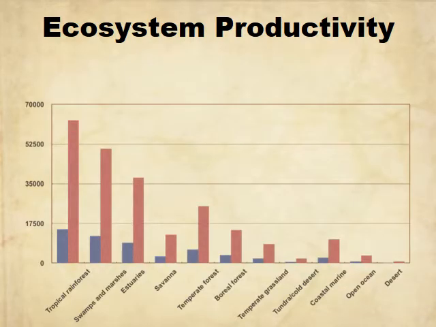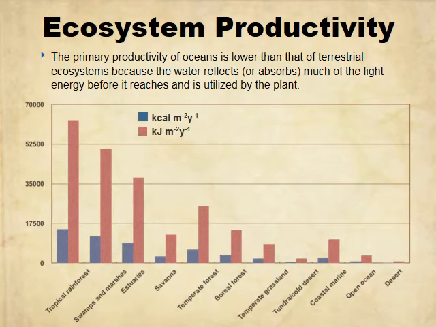So you can see here, these are the most productive ecosystems. You have tropical rainforests, swamps and marshes, and estuaries. And coral reefs are also some of the most productive ecosystems in the world. Tropical rainforests and coral reefs are very diverse.